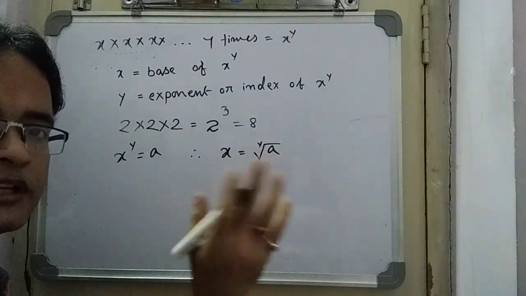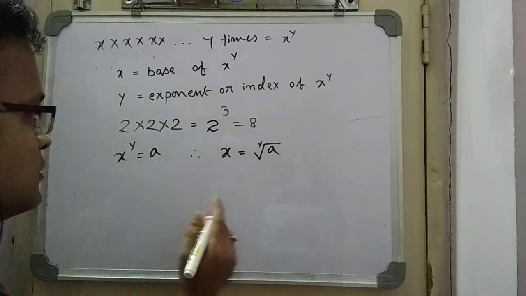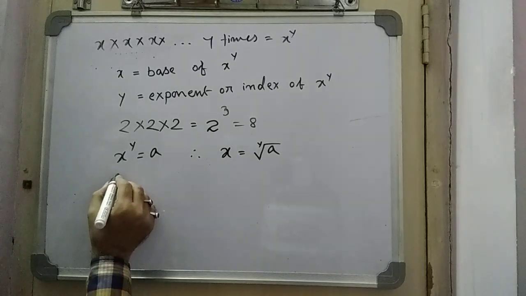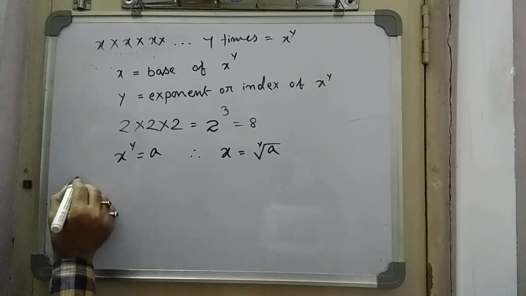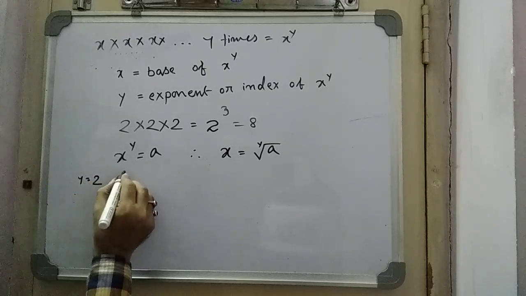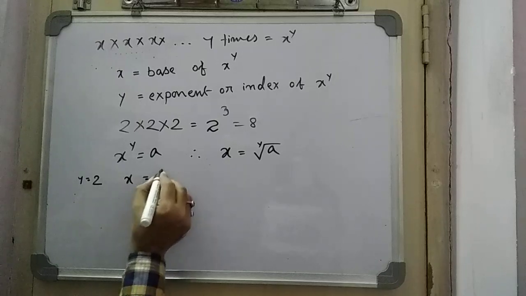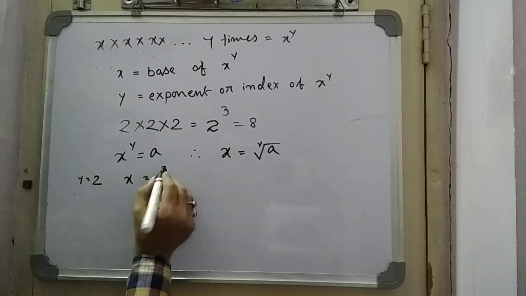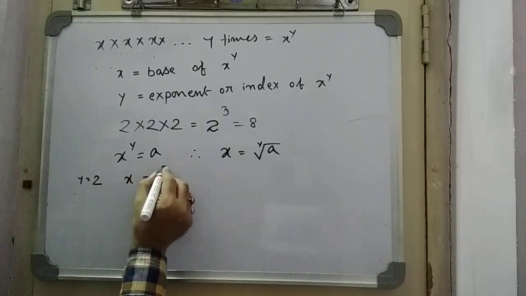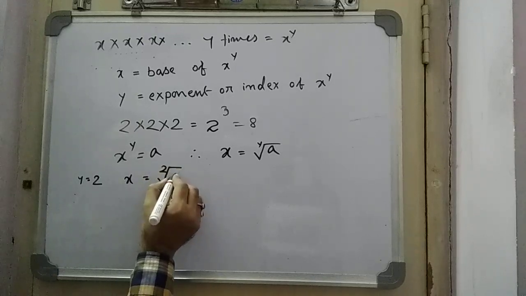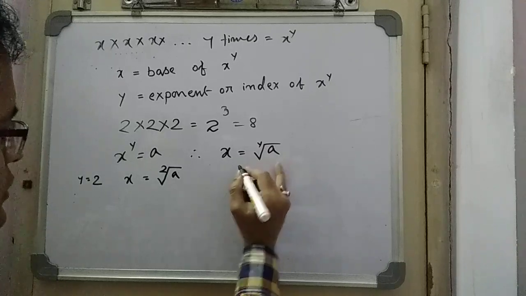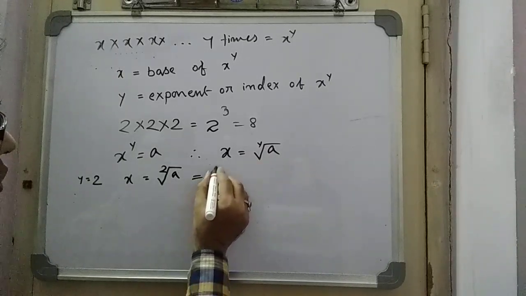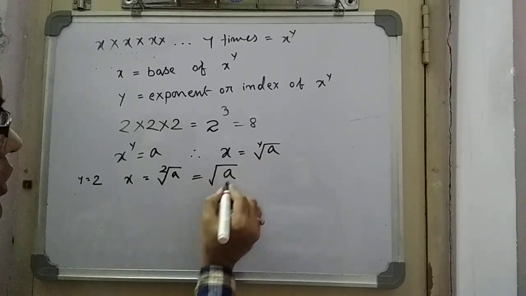Let me give you one example so that it will help you understand much better. I will first start with y as 2. So x becomes the root of a, if we literally go by this convention, but it is more generally written as only root a.